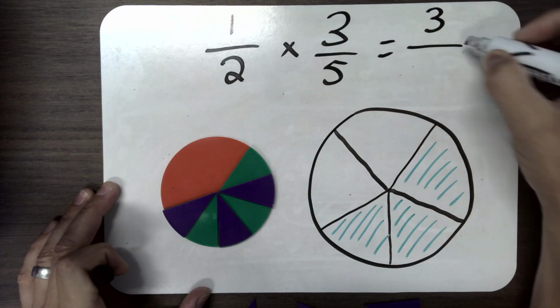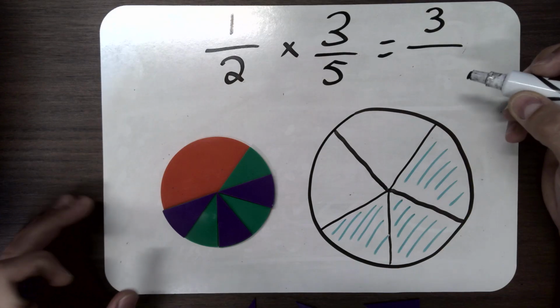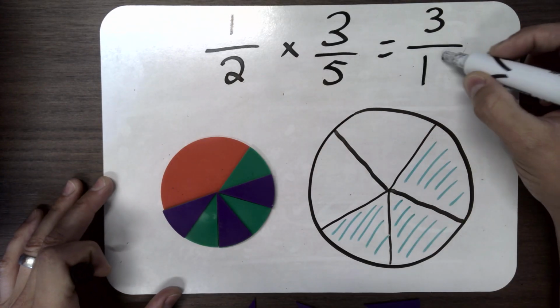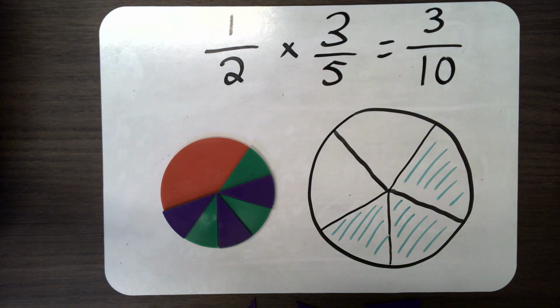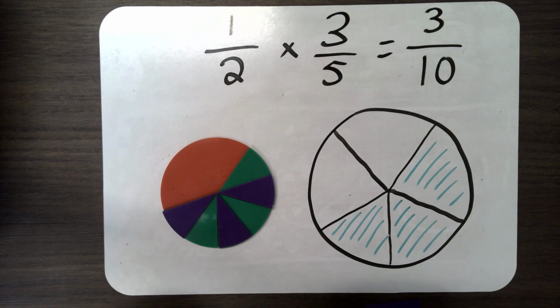We have 3 of those purple pieces, and then again, what's the size or the name of these purple pieces? Each of them takes up 1/10 of the area of this whole, so those are going to be tenths.